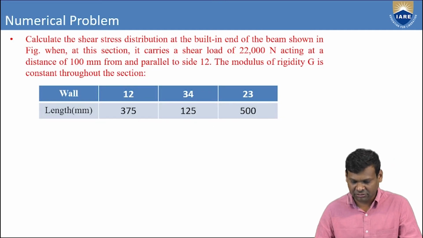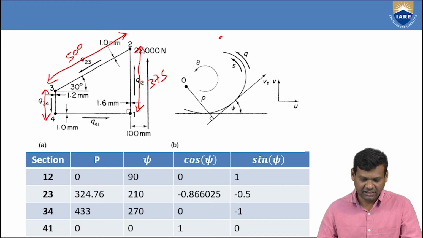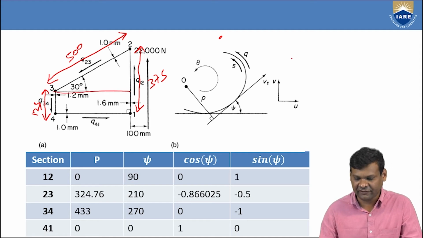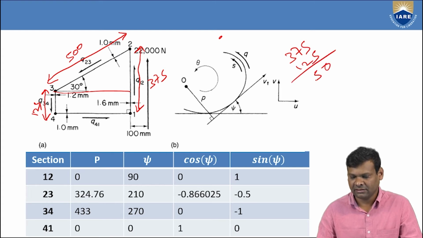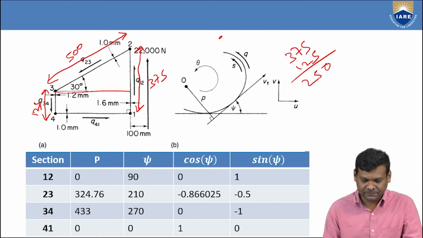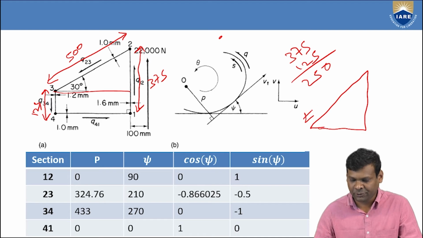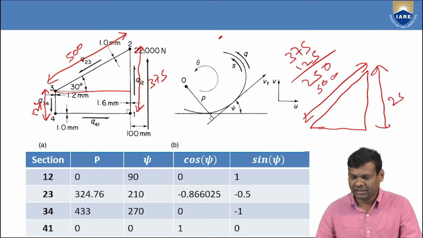One is 125, 500, 375, and this length becomes 125. 375 minus 125 gets 250. Now we have a triangle like this, with a hypotenuse of 500 and a height of 250 mm.